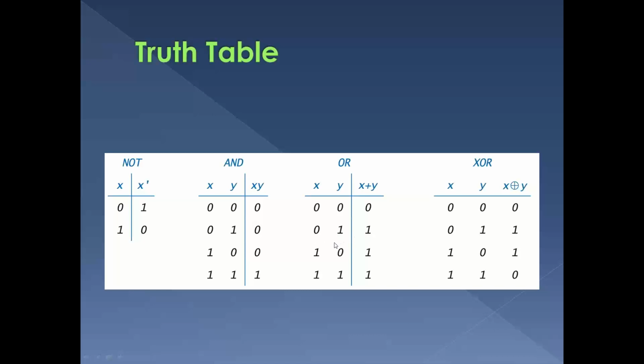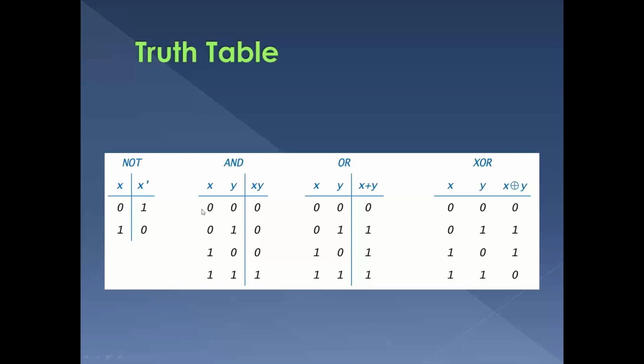An or statement says either one of them being true makes it true. If either of them is true, it's true. That's what the or table shows us.